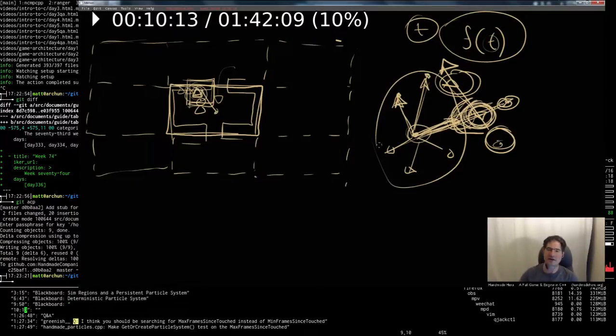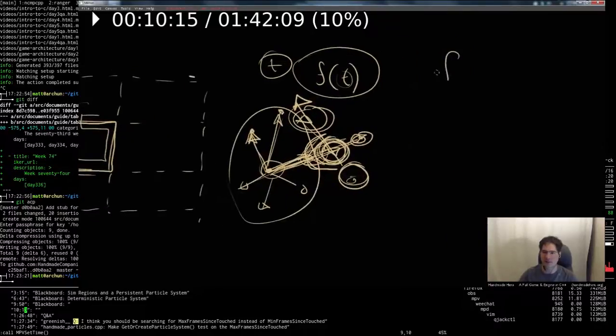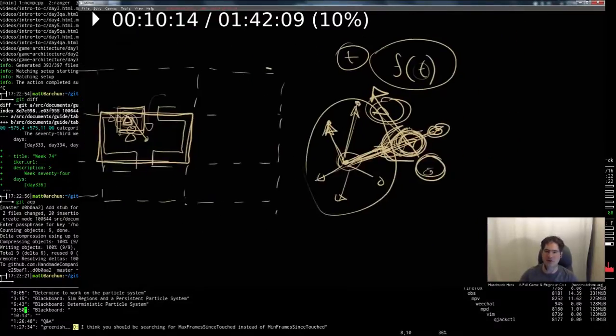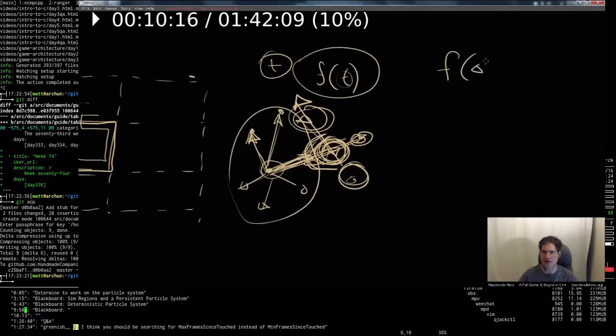What that means is I think we want fundamentally an f of delta t particle system, right? Which is to say that each frame we would input the amount of time that has elapsed, and we will simulate all of our particles forward, and while we are simulating them forward, we can choose to do things like intersection testing and allow them to respond to dynamic objects in the scene if we so desire, right?